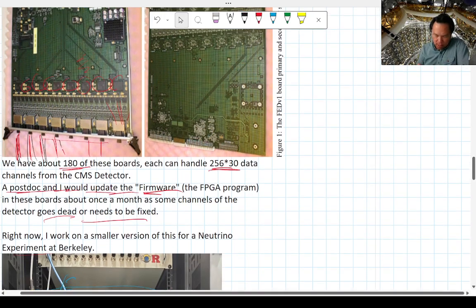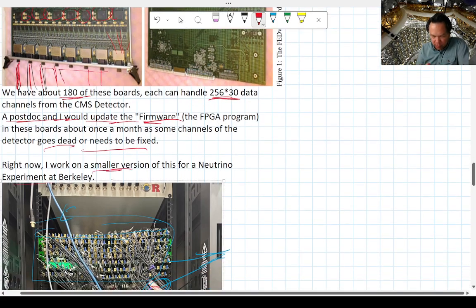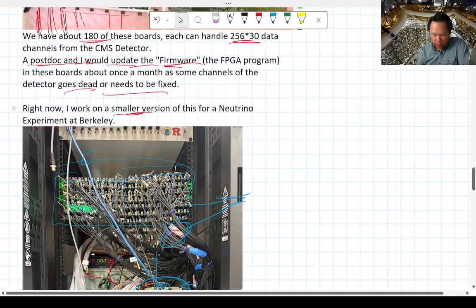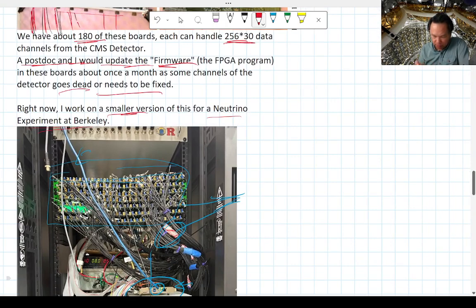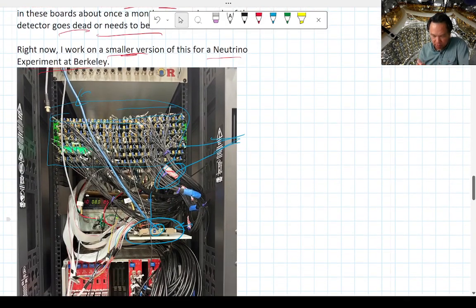Okay. Right now, I work on a smaller version of this, much smaller, on a neutrino experiment at Berkeley. So this is similar, but less sophisticated. So let's do blue. Yeah, blue is good here. So this is basically the input. You can see these bundles of wire. These come from photomultiplier tubes.